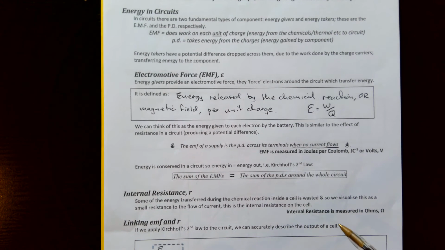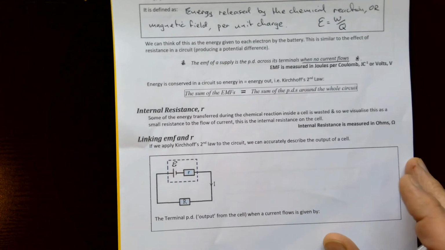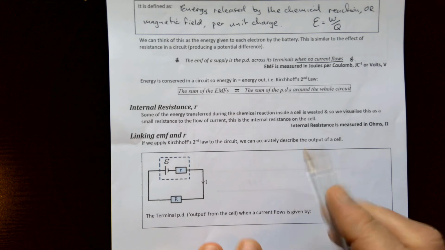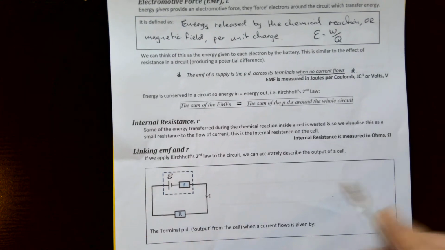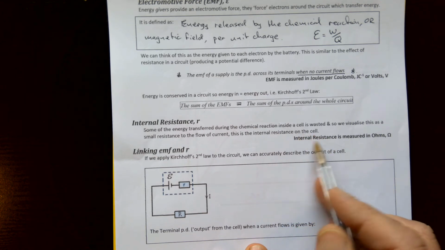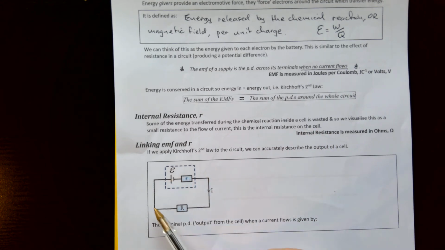We put that in, we think about what's going on inside, and it's really nice and straightforward. If we treat that energy loss as energy loss from some tiny resistance, you'll find that your circuit becomes ever so slightly more complicated. You just have another resistor in it.